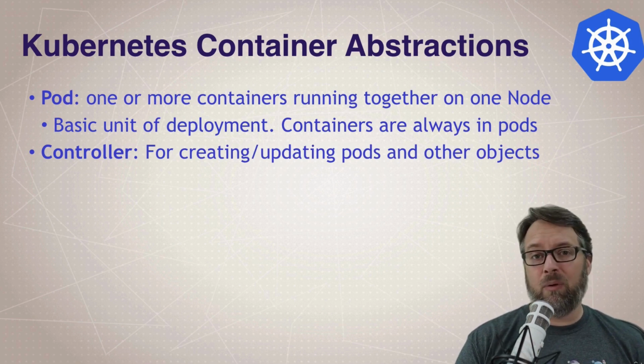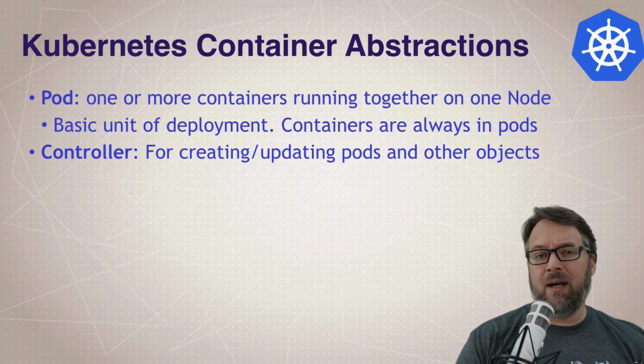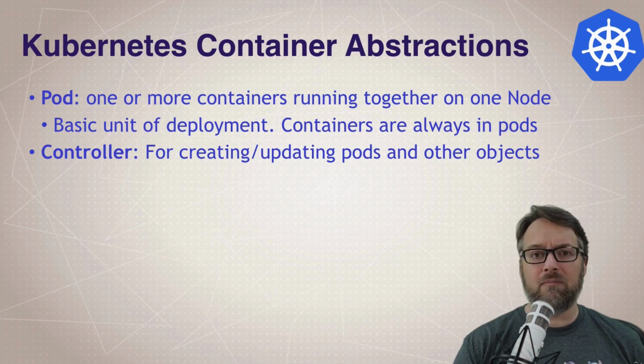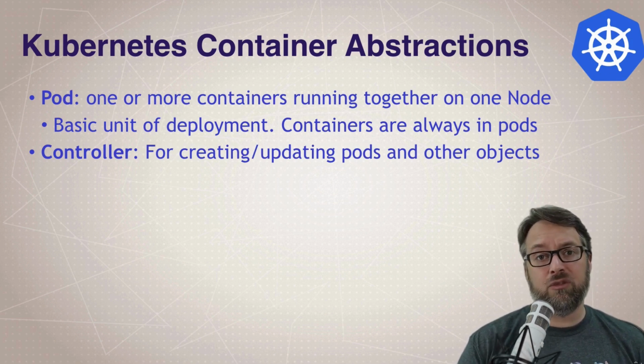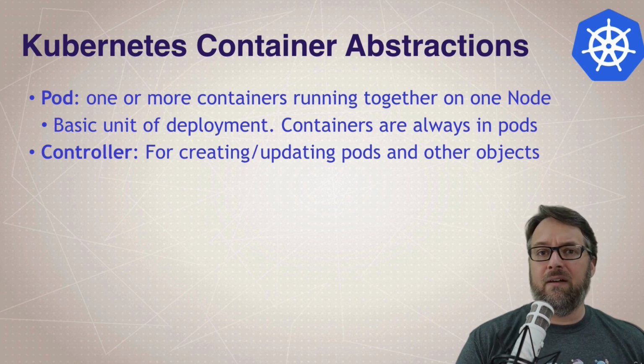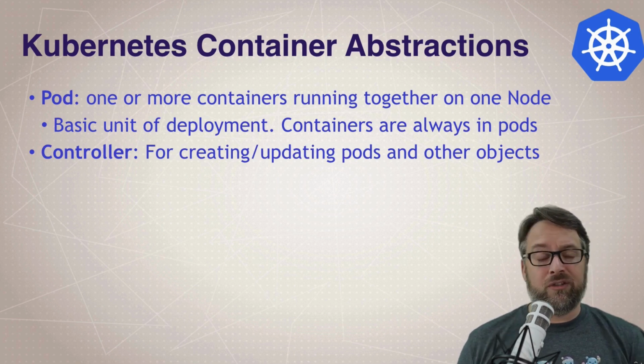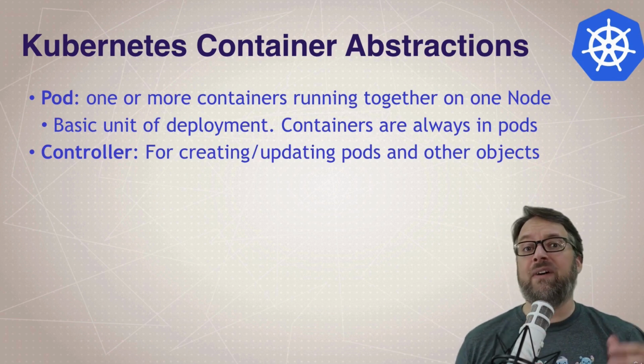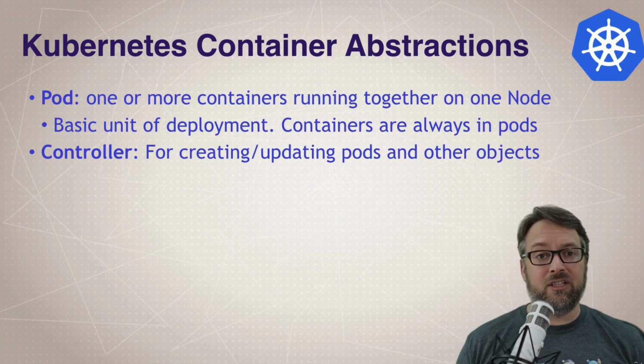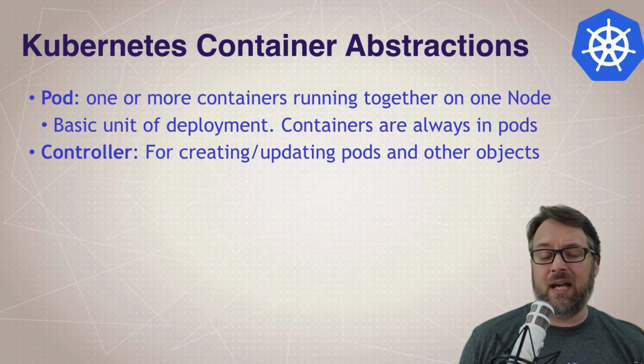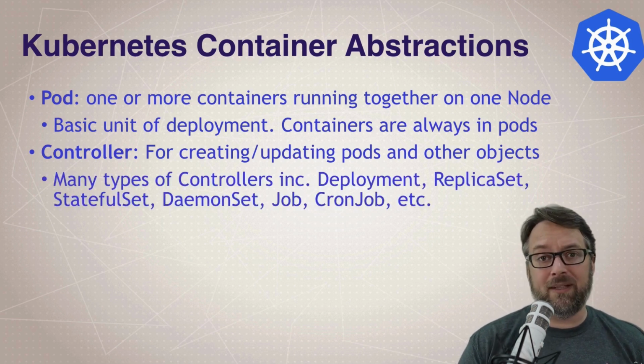Technically, you can deploy a pod directly, but you're not really going to want to do that. Almost always, you'll create a controller, which is an object that continually sits there and validates whether or not what's going on inside of Kubernetes is what you've asked it to do. It's a differencing engine that has different types, and you start out with deployments and replica sets, which you'll be using almost exclusively.